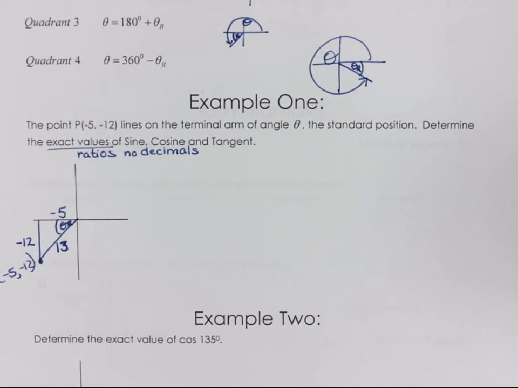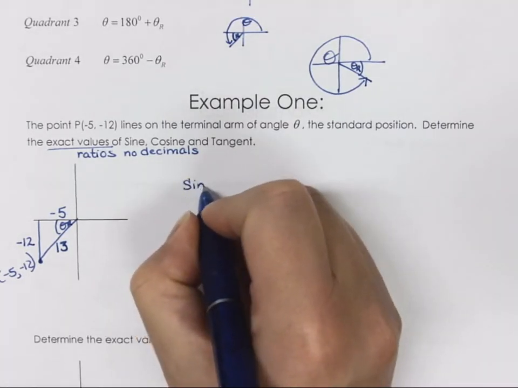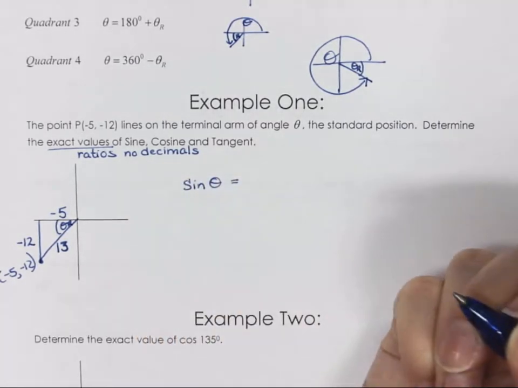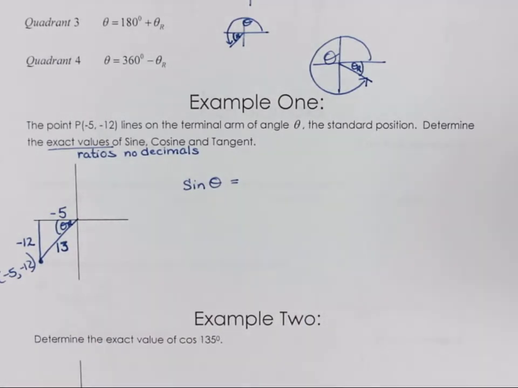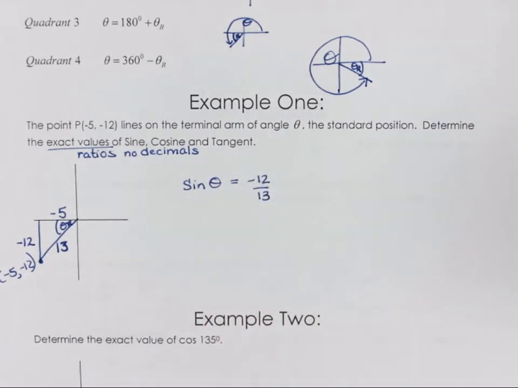Okay, so now we're doing the exact values. All we're doing are the ratios. So sine theta is what? Opposite over hypotenuse. Well, where's my opposite side?